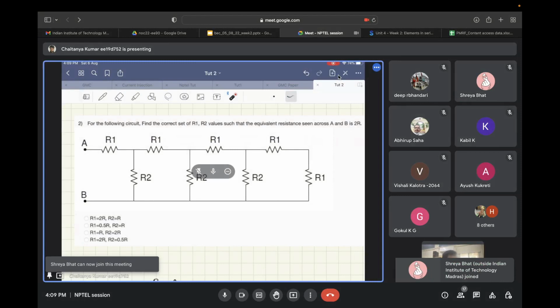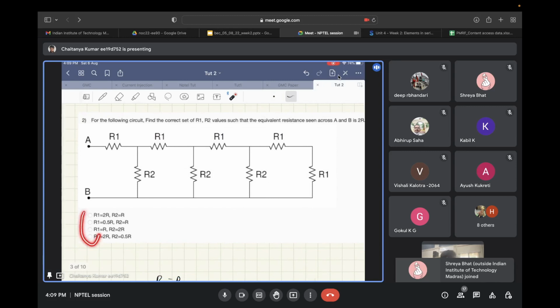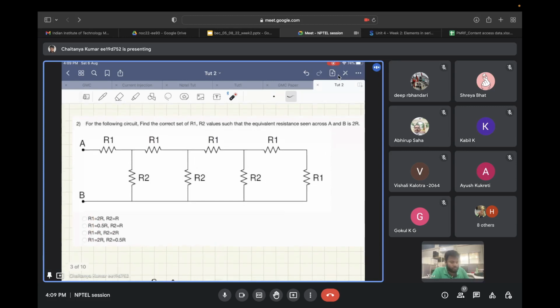If you have solved it, you can put the answer in the chat box. So these are the options. Which one is correct?